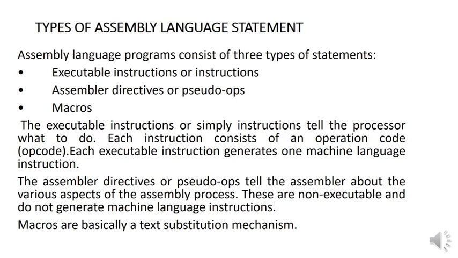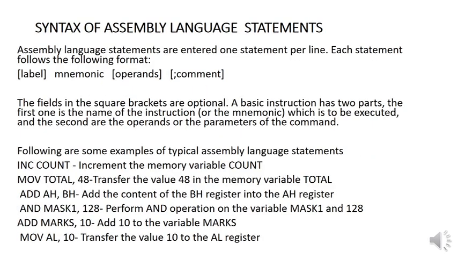The assembler directives or pseudo-ops tell the assembler about the various aspects of the assembly process. These are non-executable and do not generate machine language instructions. Macros are basically a text substitution mechanism, so that you will be familiar with what we are trying to do there.